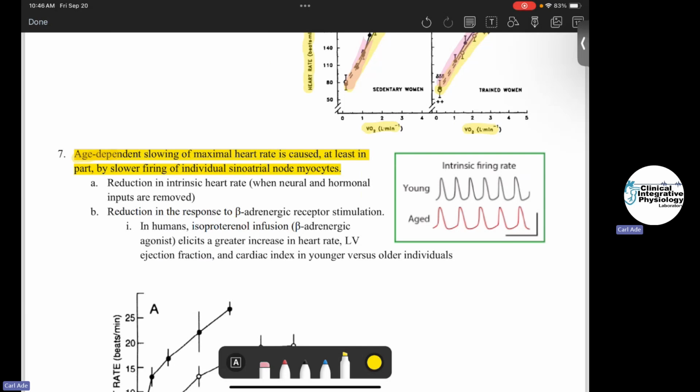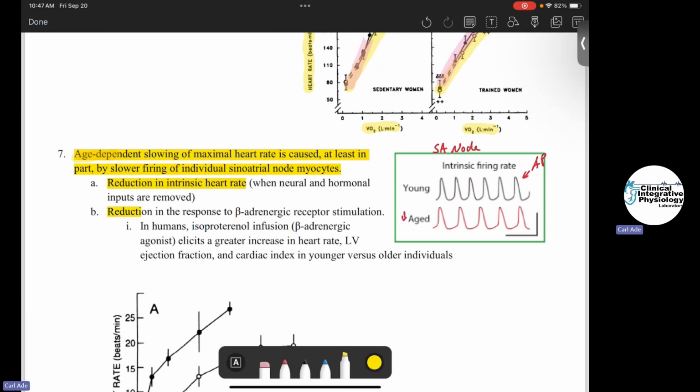And there's 2 things that tend to happen. One, we see a reduction just in the intrinsic firing rate of those SA nodes. So if we compare young and old SA node fibers, and these are the action potentials we talked about early in the semester, we compare young to aged, that intrinsic automaticity is decreased with aging.